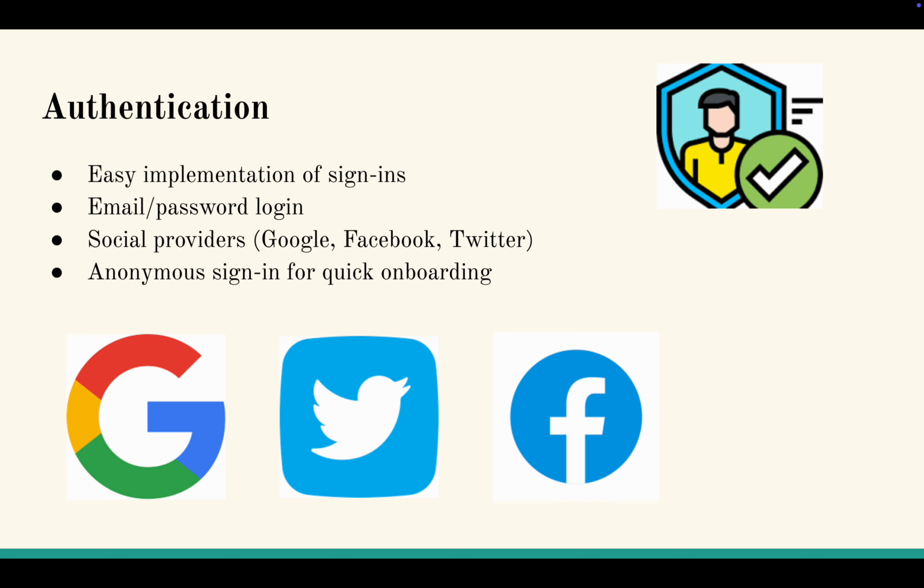But the specifics of authentication, this feature with Firebase, it's a really easy implementation for signing in. It provides a sign in with an email, just email and password. I really like how it provides Google, because most people have a Gmail, so Google, Facebook, or Twitter.